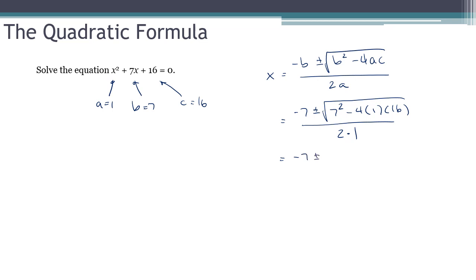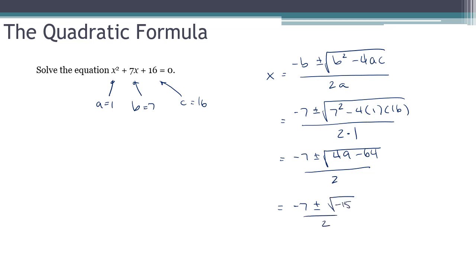So under that square root, 7 squared is 49. 4 times 16 is 64. This is all over 2. 49 minus 64, that's negative 15 over 2.